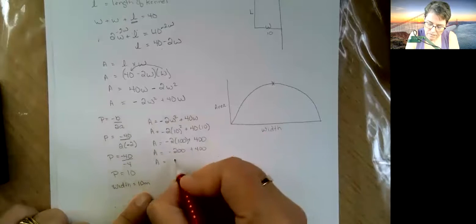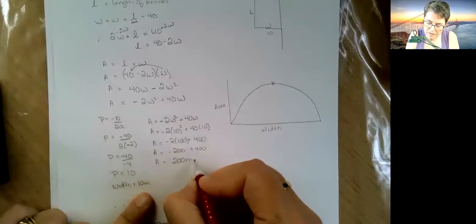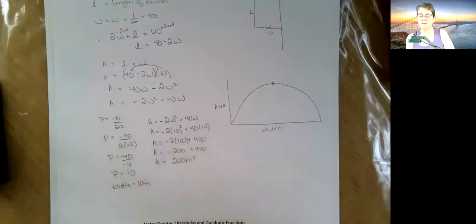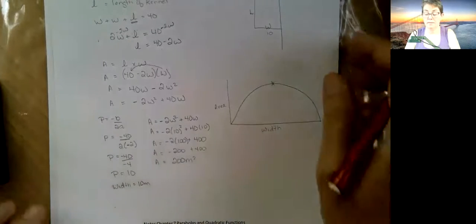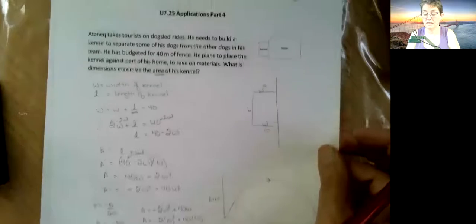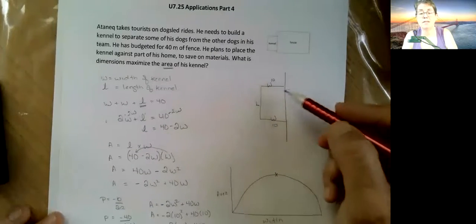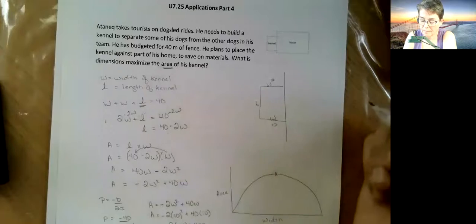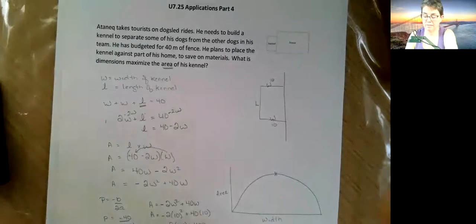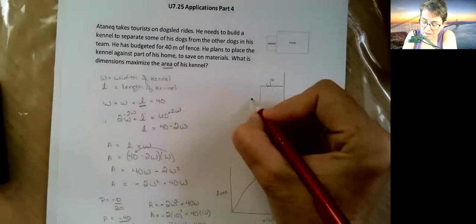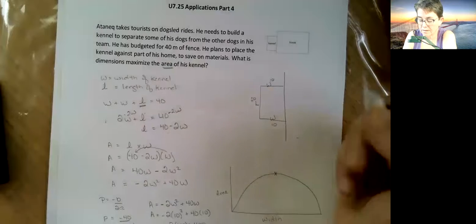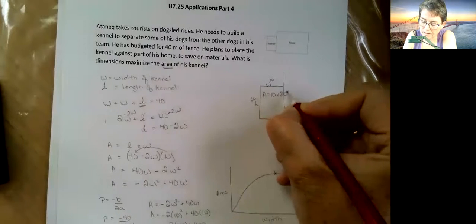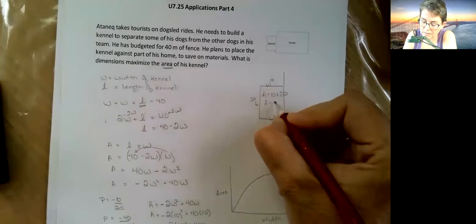Area is equal to 200 meters squared. So according to what we just figured out, and it was just frankly dumb luck that I picked 10 here. So if this is 10, this has to be 10. Okay, I'm doing a check here. Then this has got to be 20. Okay, and then area is 10 times 20. So area is equal to 200.